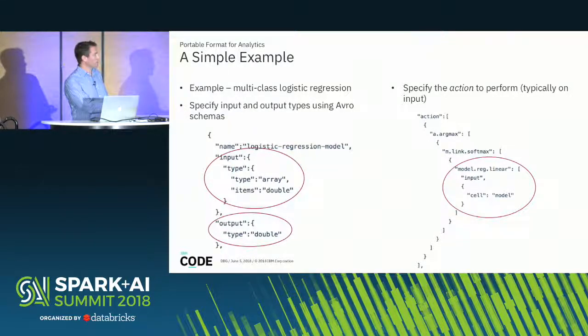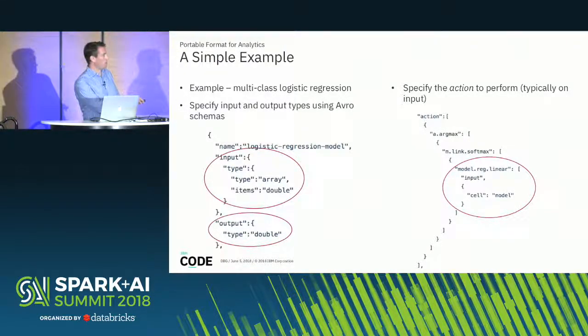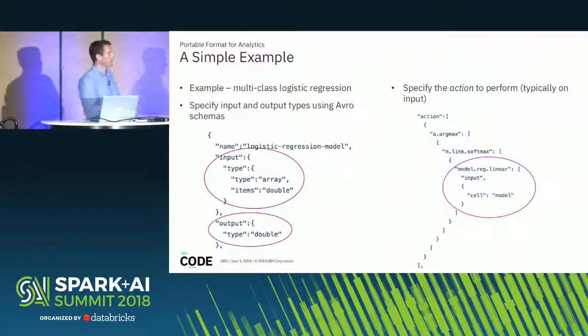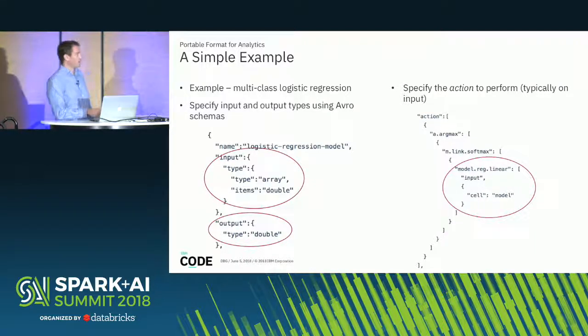And the action is used to specify the set of functions that is applied to that input to create the output. Here we see a linear model built-in function, which is effectively a matrix multiplication or vector dot product plus the bias, so the typical kind of linear model predictor, followed by a softmax transformation, followed by an argmax, and you get the result out.